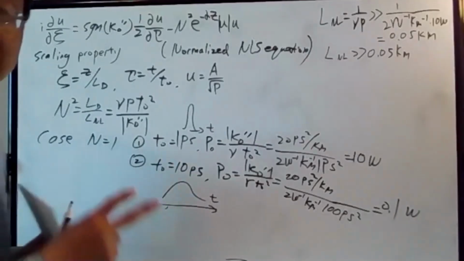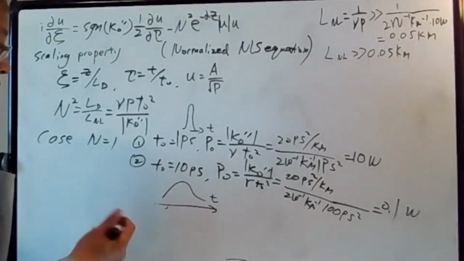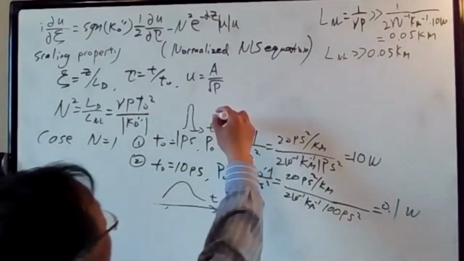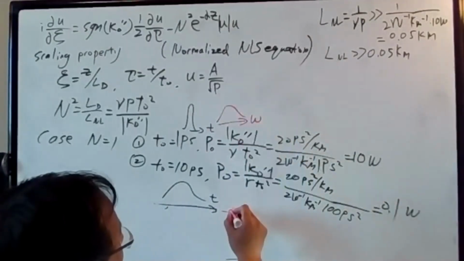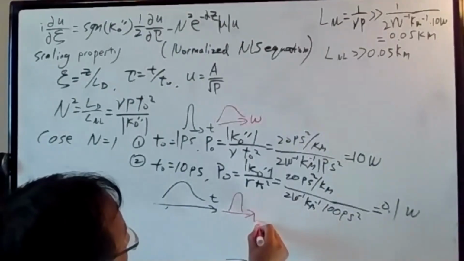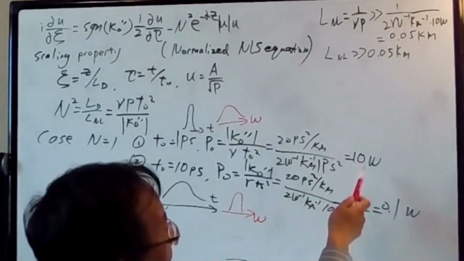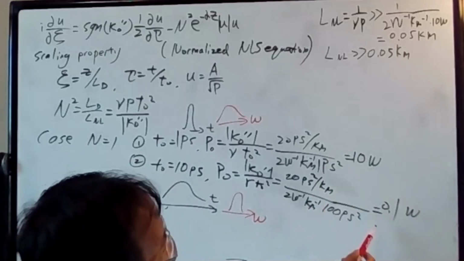The second one has less dispersion because if you take the Fourier transform, in the frequency domain this is going to be very broad in frequency, and here it's going to be very narrow in omega. So it has less dispersion effect. So for the pump power, which one has less nonlinear effect?